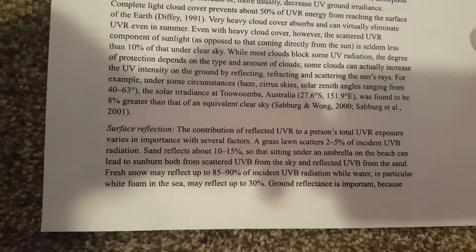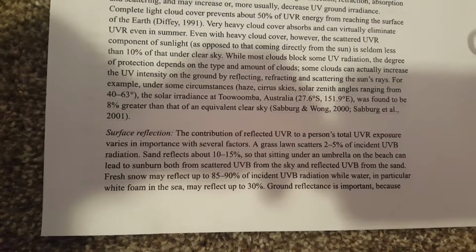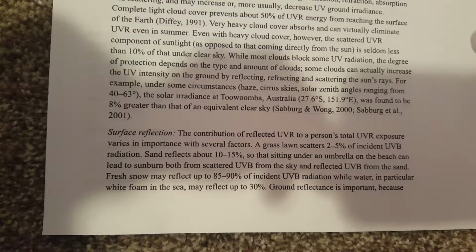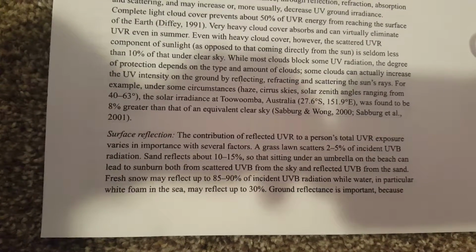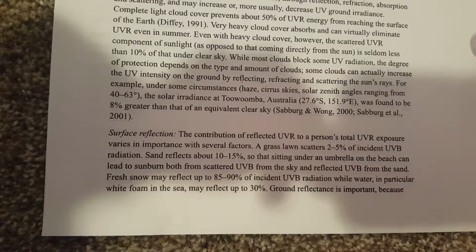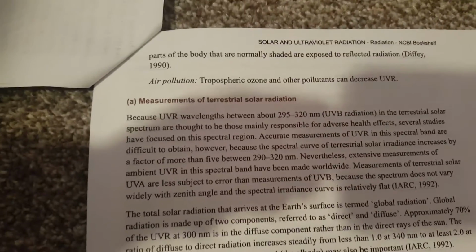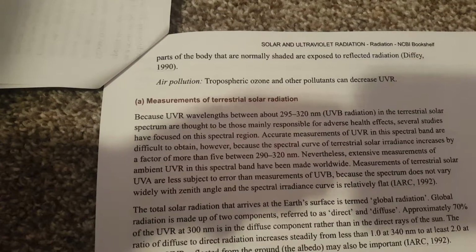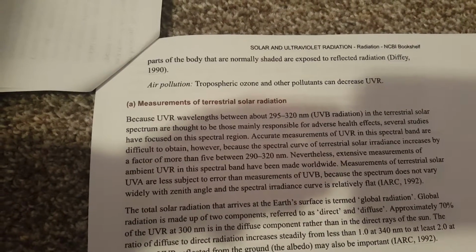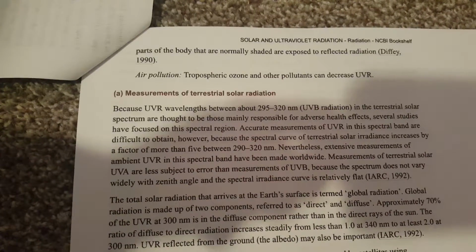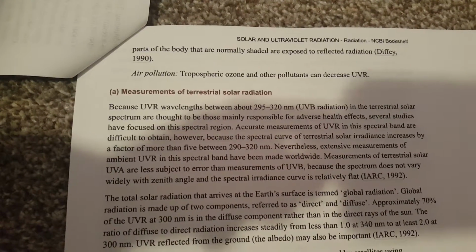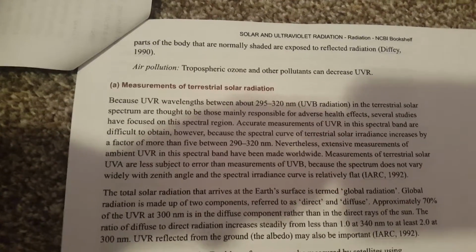Fresh snow may reflect up to 85 to 90% of incident UVB radiation, while water, in particular white foam in the sea, may reflect up to 30%. Ground reflectance is important because parts of the body that are normally shaded are exposed to reflected radiation. Air pollution, tropospheric ozone, and other pollutants can decrease UVR.